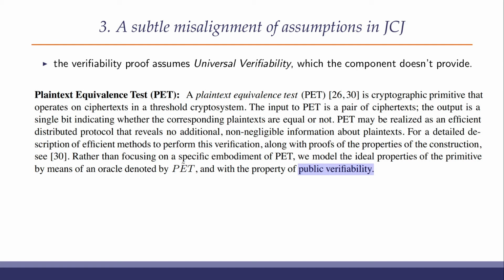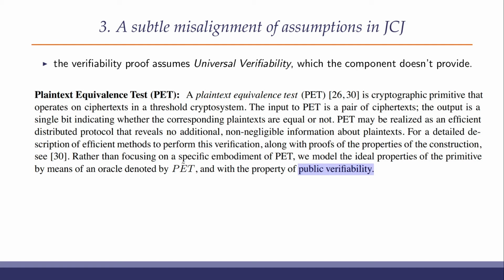But this component that is referred to in the paper is actually made in a different paper that doesn't claim this property at all. It works in a distributed setting in which the assumption has to be that at least one of the participants is honest, and it shows you how, if you're an active participant in that thing and you assume that you're honest, then the other people can't collude to trick you.